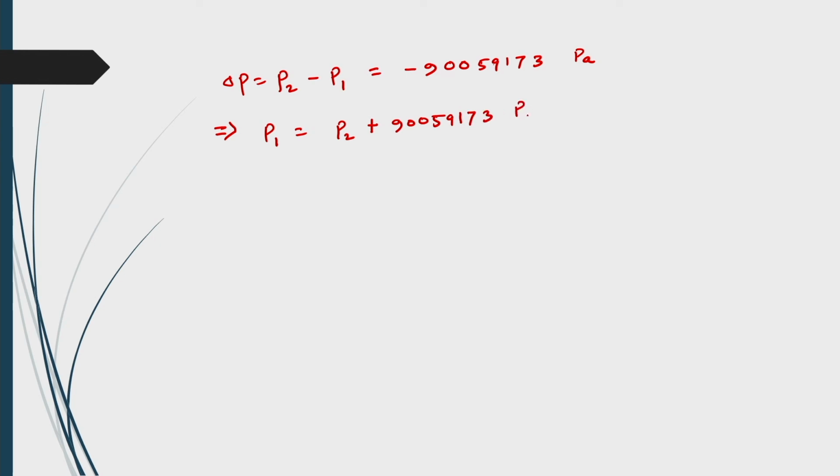Now, as you know, this pressure difference is basically P2 minus P1, that is minus 90059173 Newton per meter square, or you can say Pascal, which implies that P1 will be equal to P2 plus 90059173 Pascal.